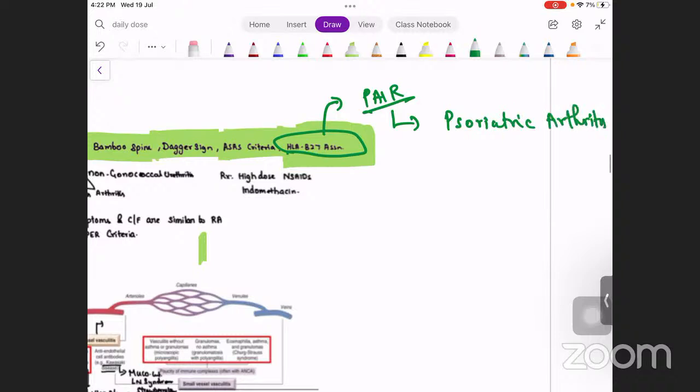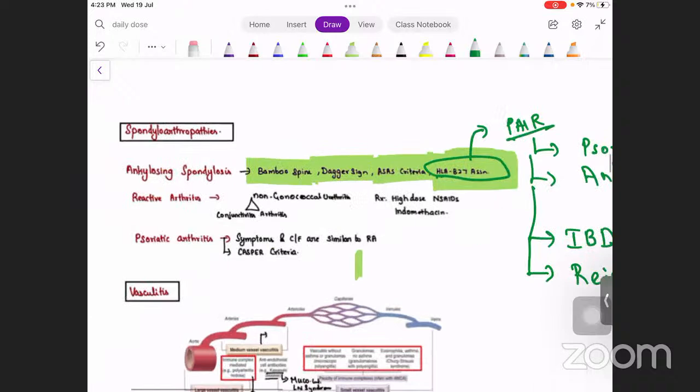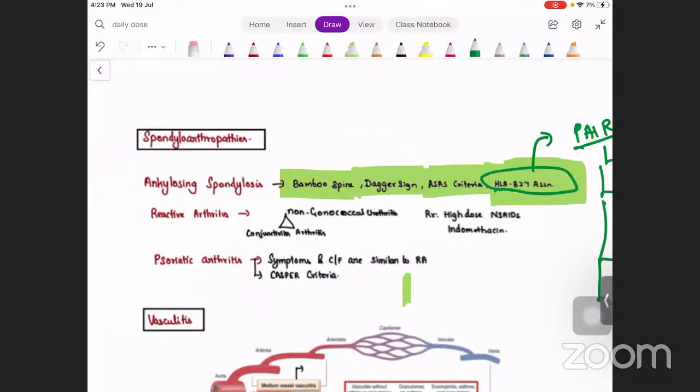A stands for ankylosing spondylitis, I stands for inflammatory bowel disease, and R stands for Reiter syndrome or reactive arthritis. Reactive arthritis has a triad of symptoms: non-gonococcal urethritis, conjunctivitis, and arthritis.